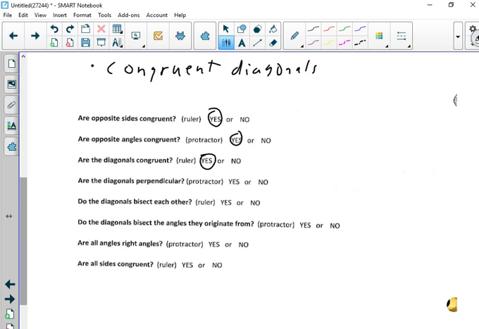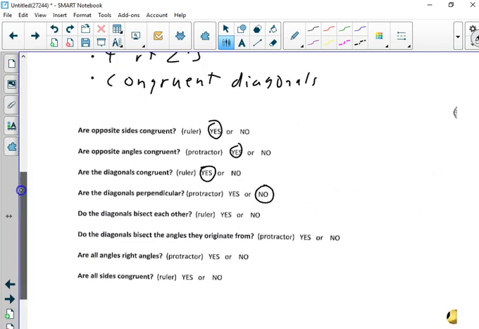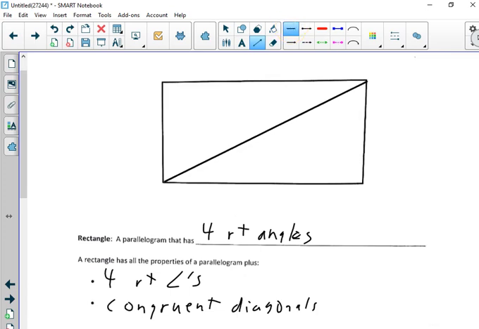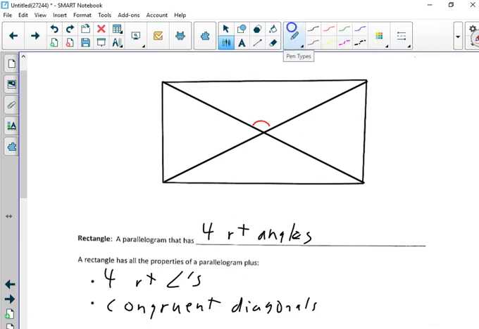Are the diagonals perpendicular? No, they are not. So let's go up here and mark some stuff. So here's one diagonal. Here's another diagonal. They are the same length. But you can tell, again, they do not form 90-degree angles.